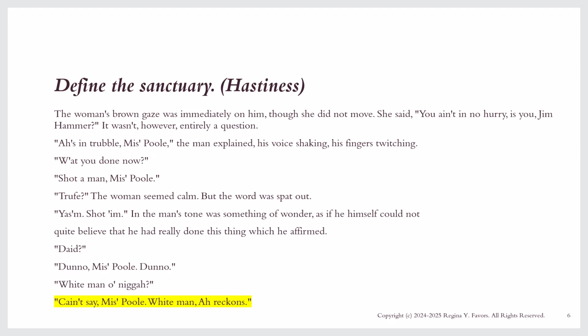But he knows that even if he shot someone, if it's a white man, he has to find refuge. He has to find shelter because it's not a typical standard that a black man shoots a white man. So the hastiness comes with the fact that he doesn't know who he shot, but he supposes that he shot a white man, and then he's putting Annie Poole in harm's way because if they're looking for him, they're going to come to her house or come to houses similar to hers.